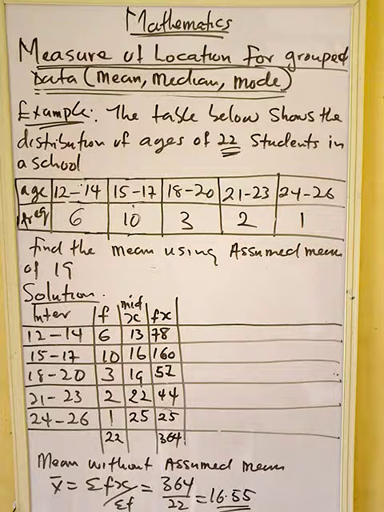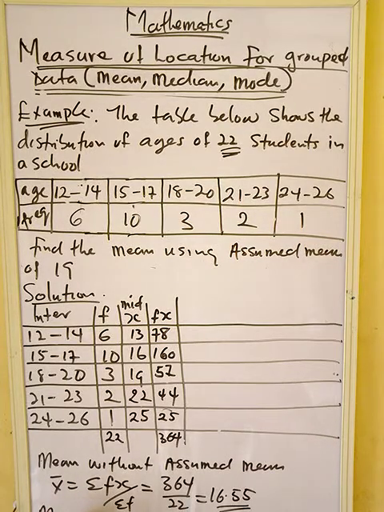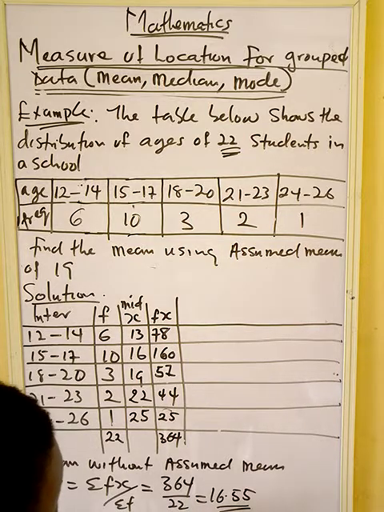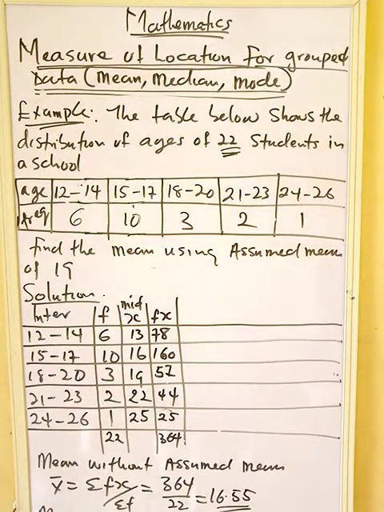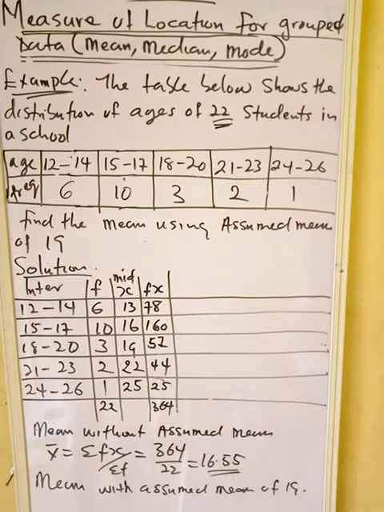So let's see our mean with assumed mean of 19.